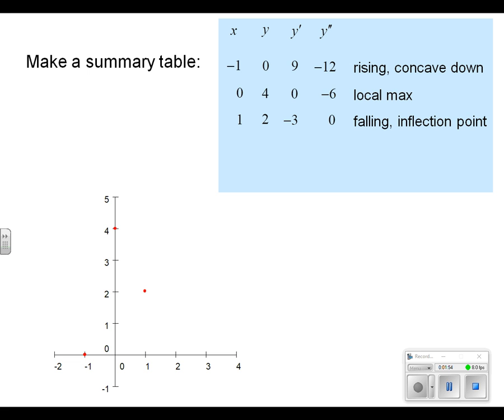So notice that if you look at the slope, y prime, that 9, 0, -3, it's going positive, then it's 0, then it's negative. So that's, again, how we know it's a maximum. Or if you look at just the 0 and the -6, because the slope is 0, it could be a maximum, and then because it's negative, it's inflecting down.